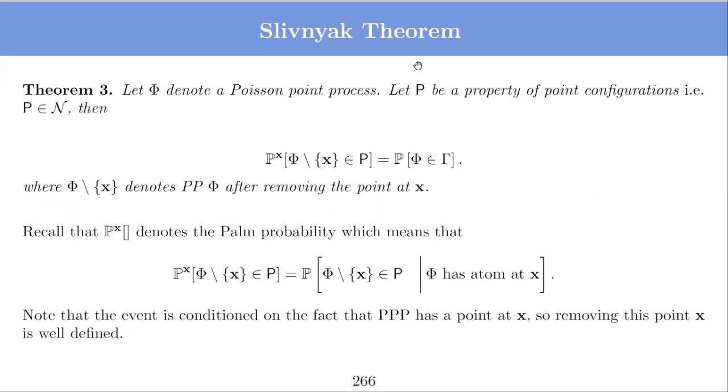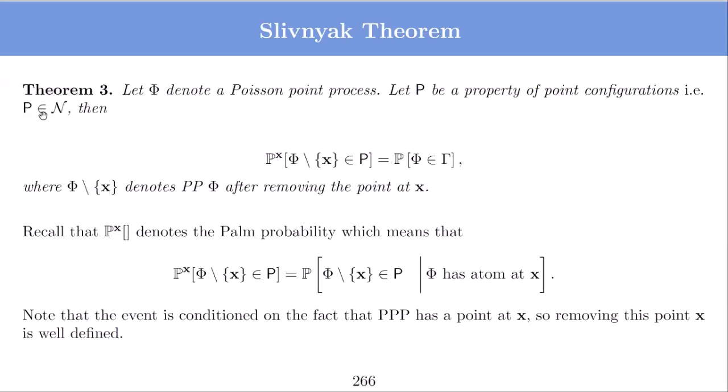So formally, it is written as: let phi denote a Poisson point process and let P be a property of point configuration. It means P is an element of the sigma algebra on N, which is the set of all possible configurations.